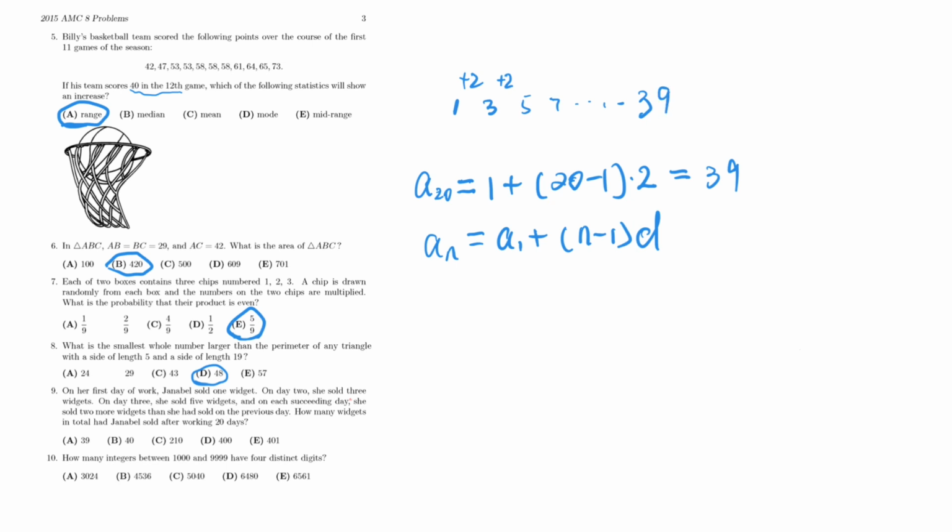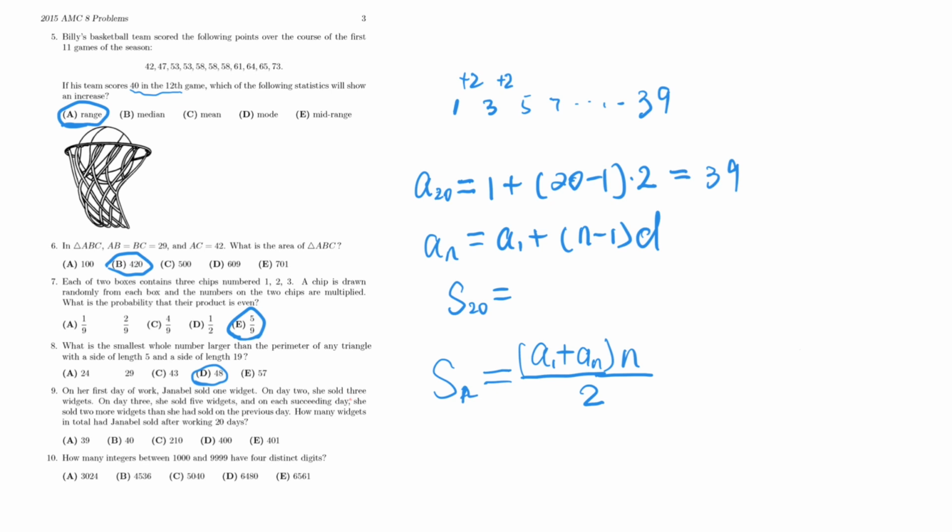And they ask how many widgets in total Janabel sold after working 20 days. So they ask for the sum over the 20 days. The sum of an arithmetic sequence equals the first number plus the last number, times the number of terms, divided by 2.